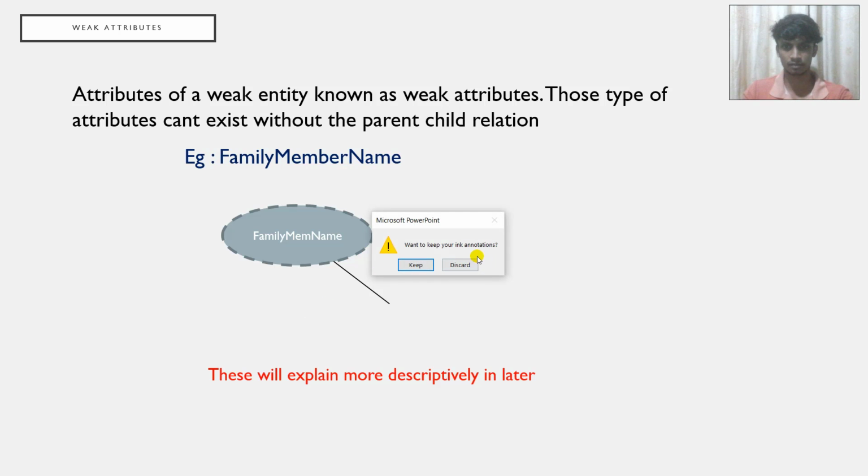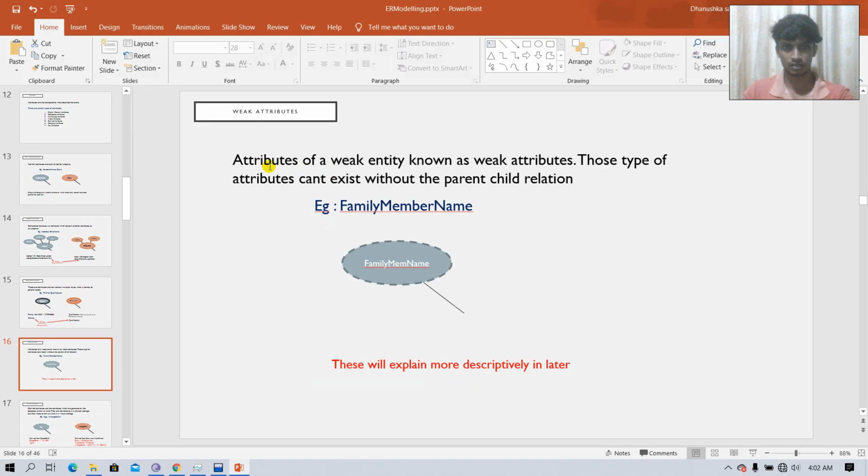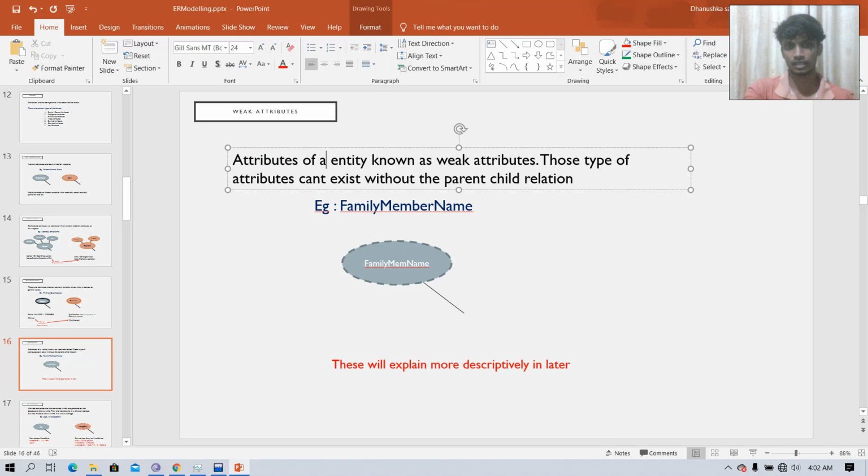I have made some mistake over here. Attributes of an entity, it's not only going to represent a weak entity. Maybe this weak attribute can be in a strong entity.